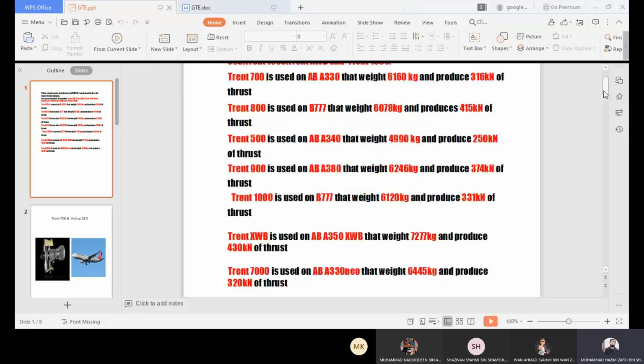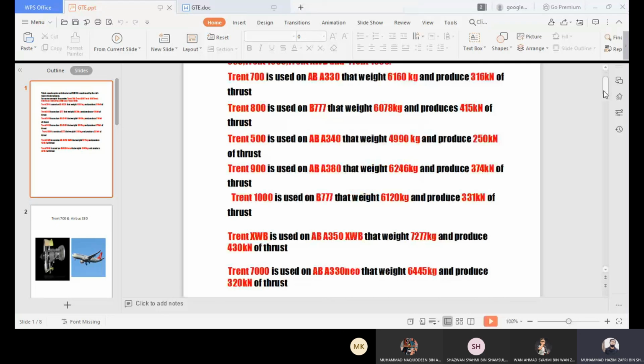Trent 1000 is used on the Boeing 777 that weighs 6,120 kg and produces 331 knots of thrust. Trent XWB is used on the Airbus A350 XWB that weighs 7,277 kg and produces 413 knots of thrust.